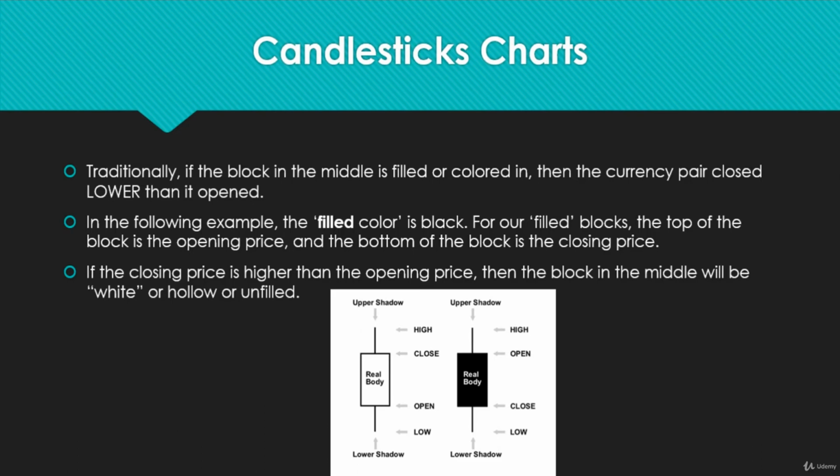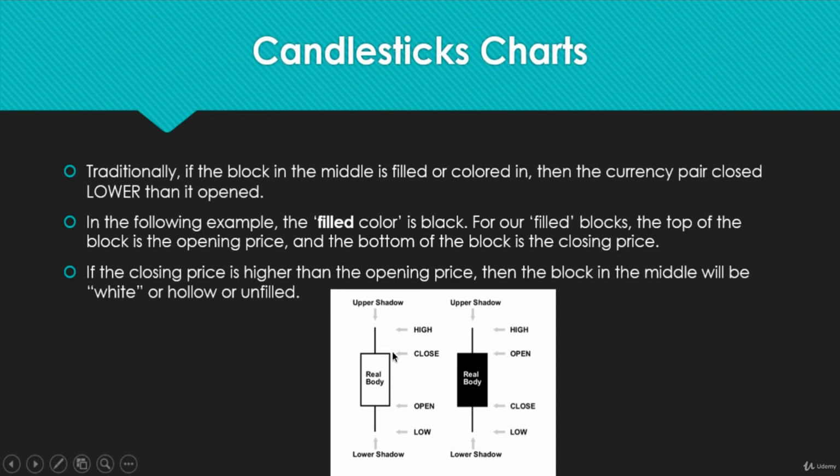If the closing price is higher than the opening price, then the block in the middle will be white, hollow, or unfilled. As you see down here in the examples, this is named the tail or the shadow: the upper tail or shadow, and the lower shadow or lower tail, and here the body.